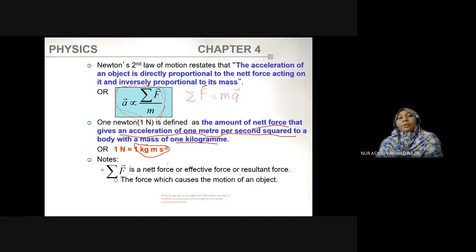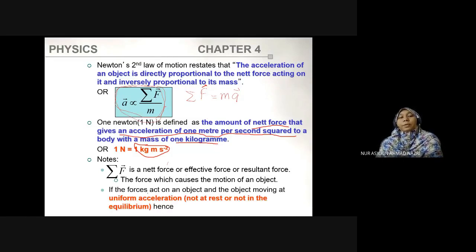Cause the motion of an object. If the forces act on an object and the object moving at uniform acceleration, not rest or not in the equilibrium. Okay, so for case equilibrium, kita akan refer back to Newton's first law. For case yang ada acceleration, kita akan equatekan dengan equal to ma, which dia akan jadi under case Newton's second law.